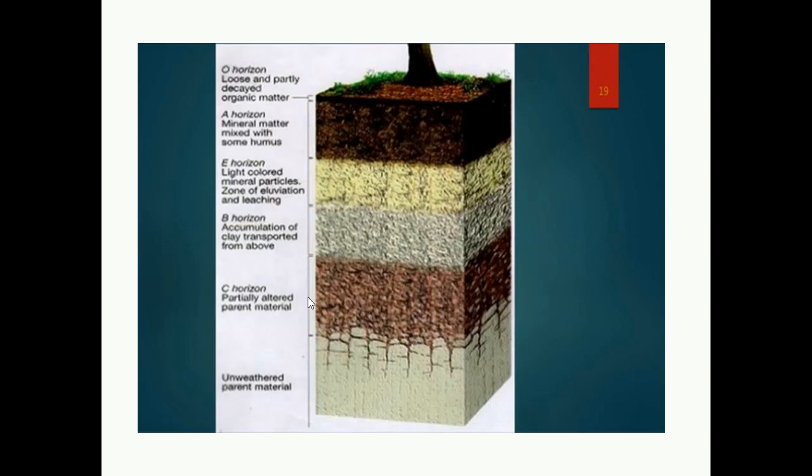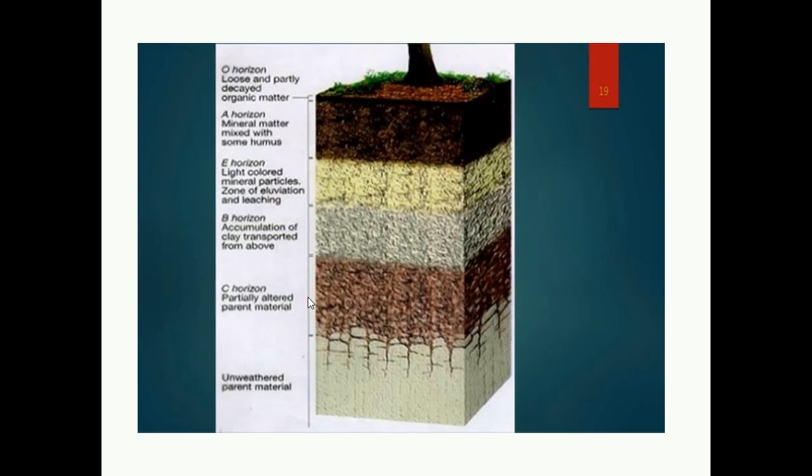Beneath that, in the E horizon, you can observe a yellow colored layer, light colored mineral particles, the zone of eluviation and leaching. You can observe in the picture that it shows a different color than brown, that is yellow.